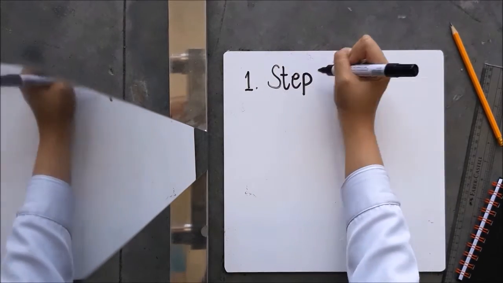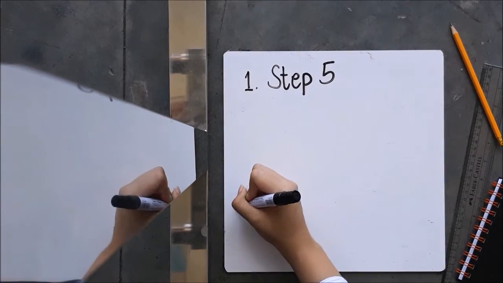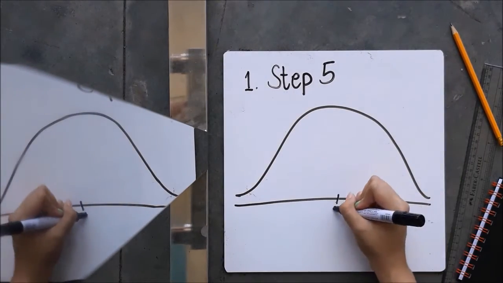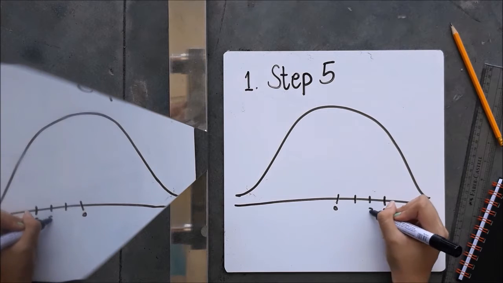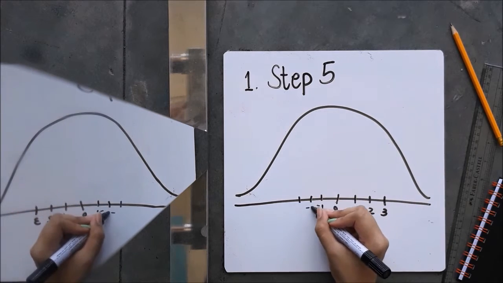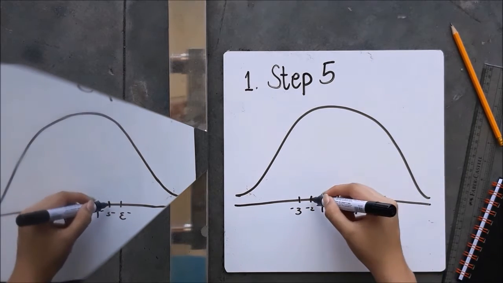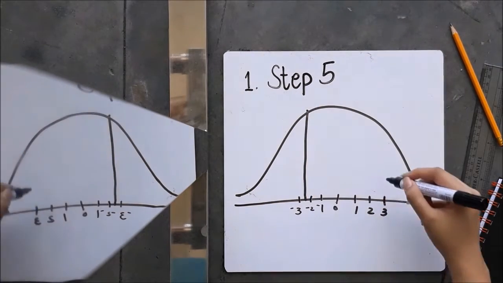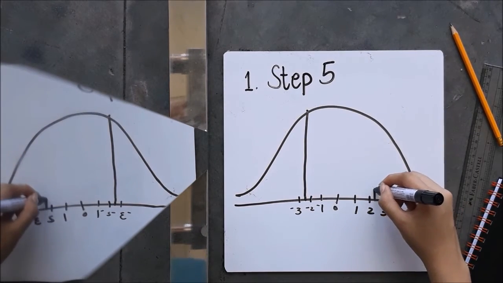Step 5 is to plot the graph. Since the problem is a two-tailed test, you will shade both positive and negative 2.771 on the end sides of the graph.